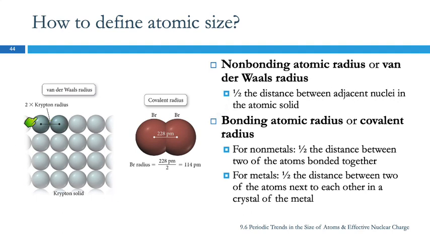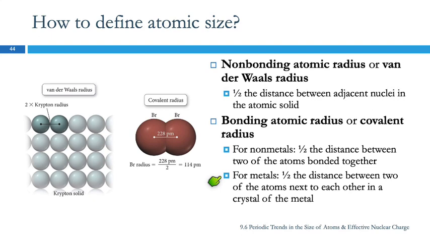So you look at the solid of that element, we can measure where the nuclei are, the distance between those divided by 2, there's the radius of the atom.